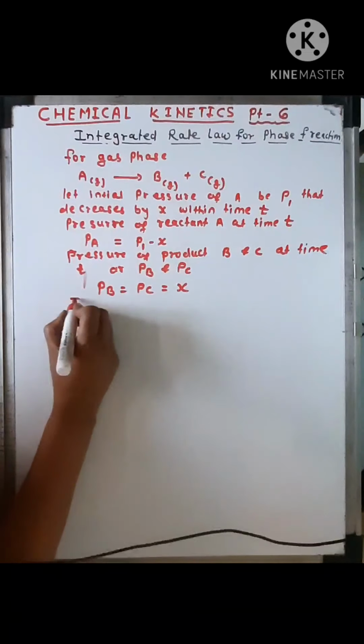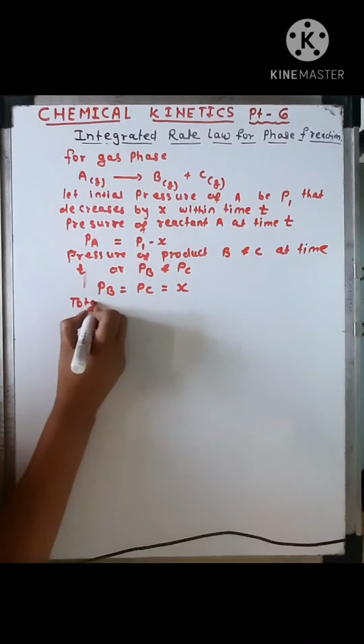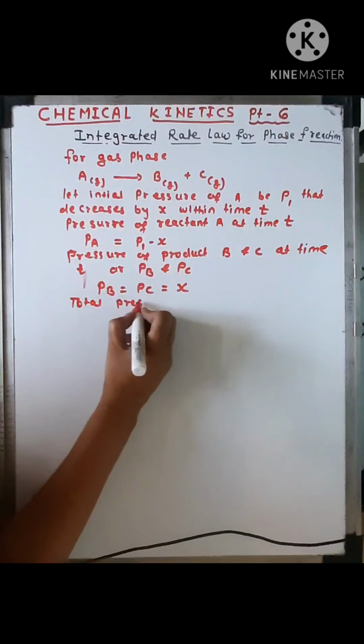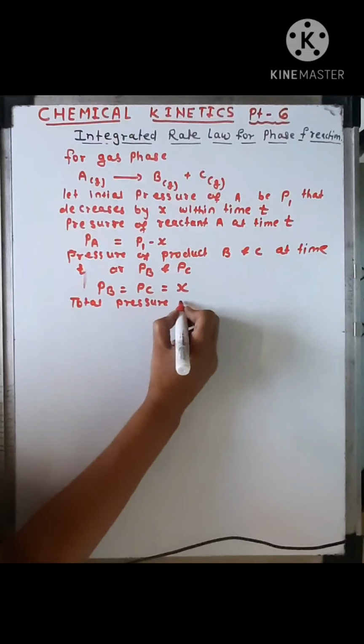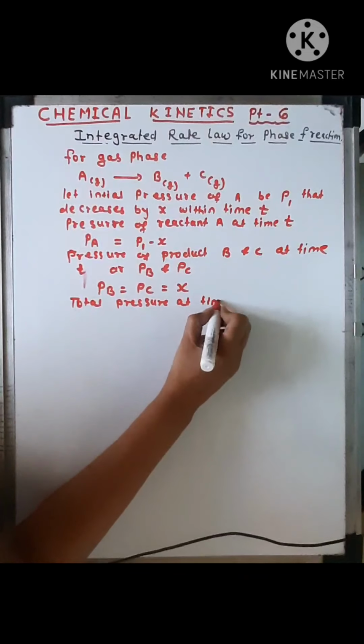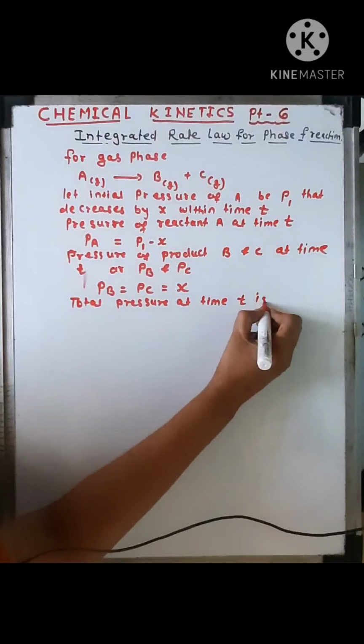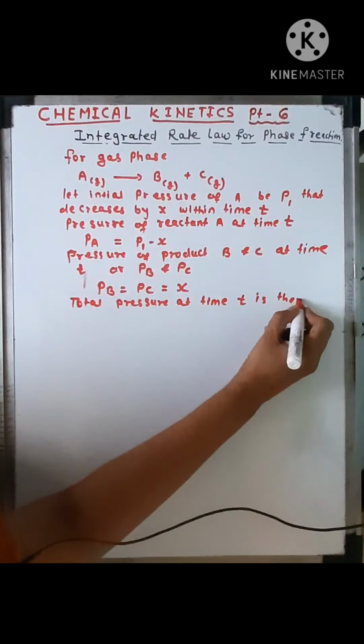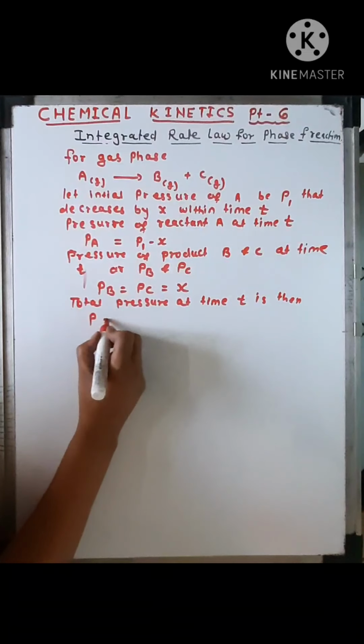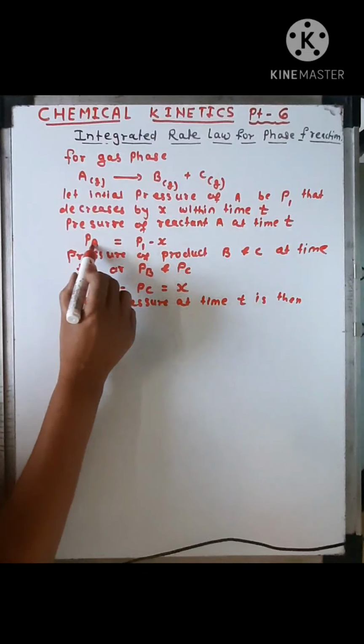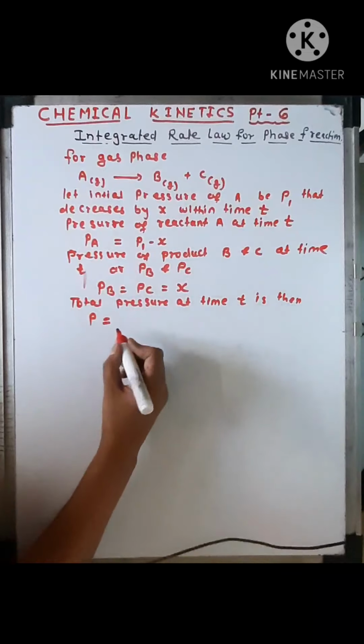The total pressure at time t is then P is equal to PA plus PB plus PC.